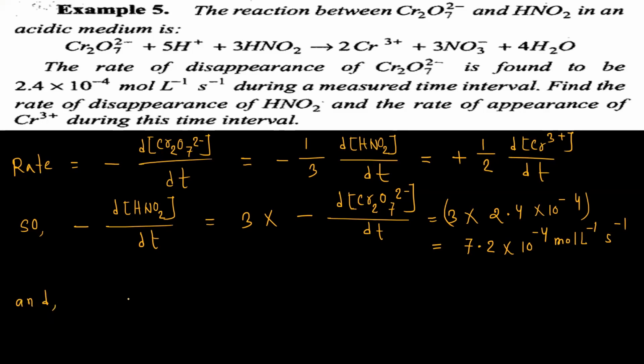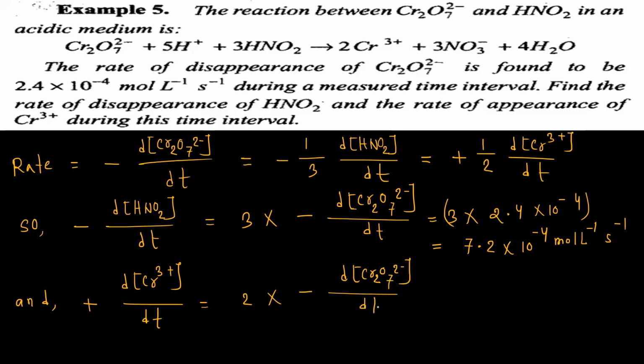And the rate of appearance of chromium 3 positive is equal to 2 multiplied by rate of disappearance of dichromate. So this is our answer for this question.